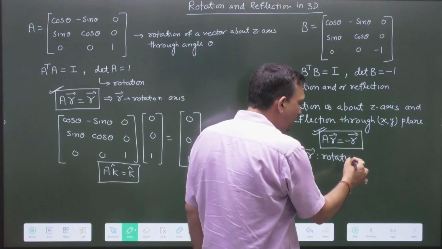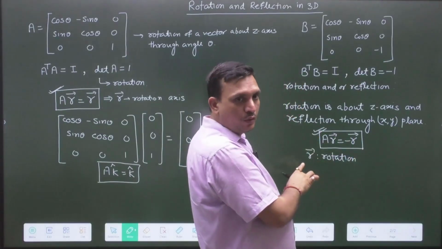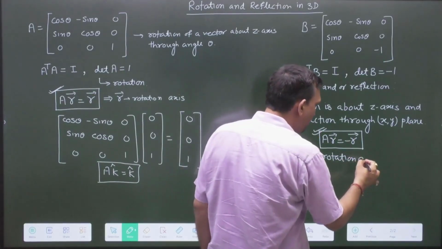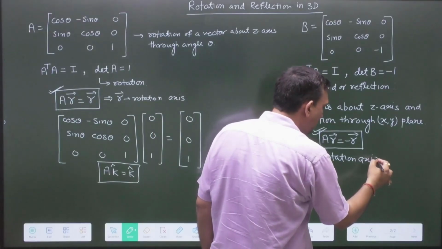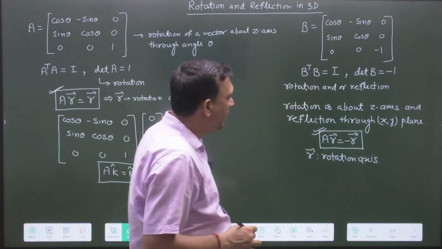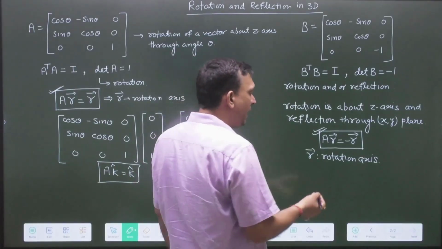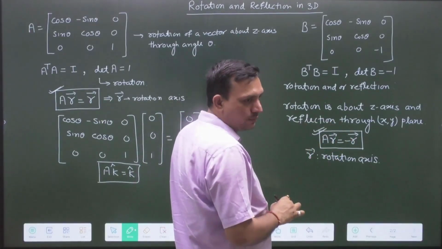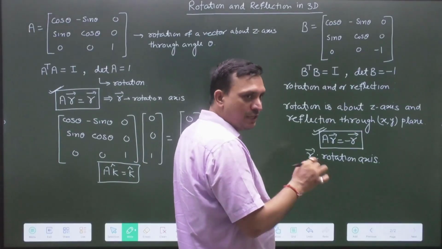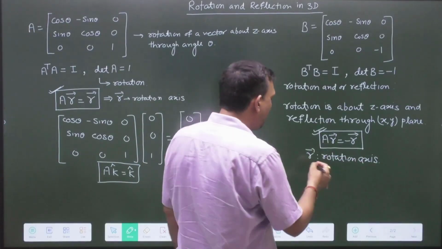If there is rotation, rotation will be about this particular axis. And what will be the reflection plane? The reflection plane will be perpendicular to R.